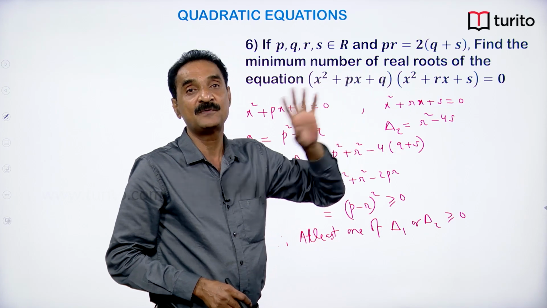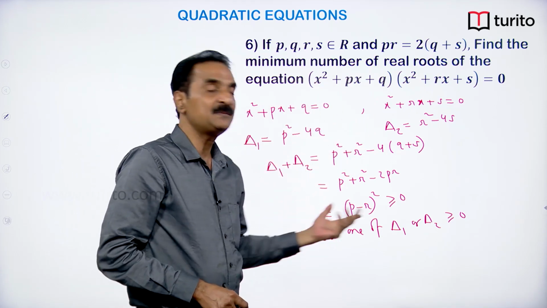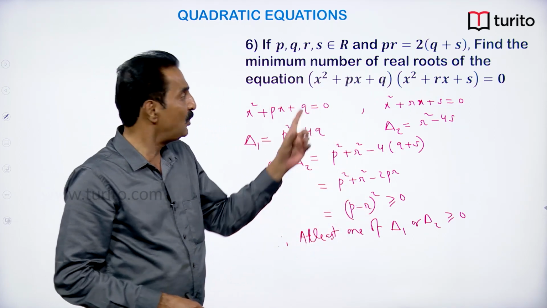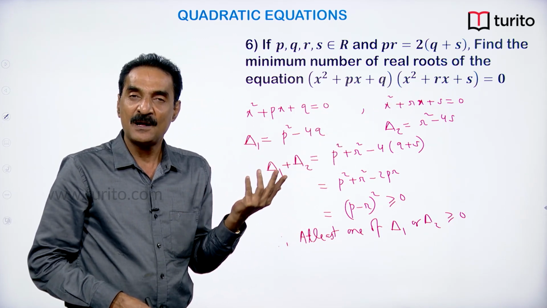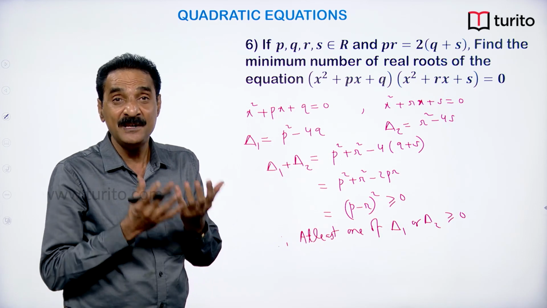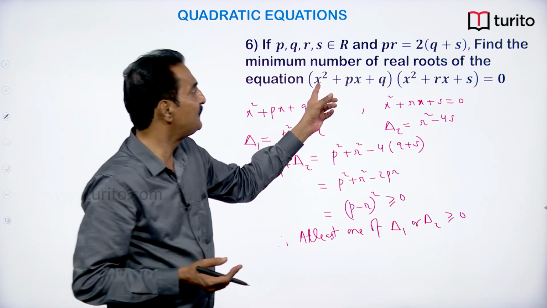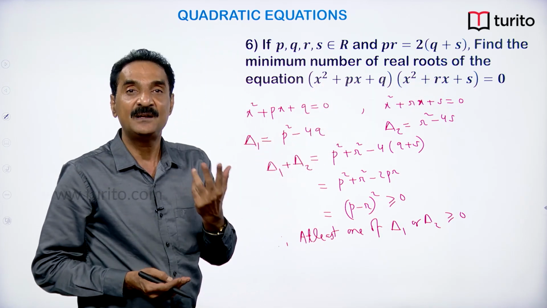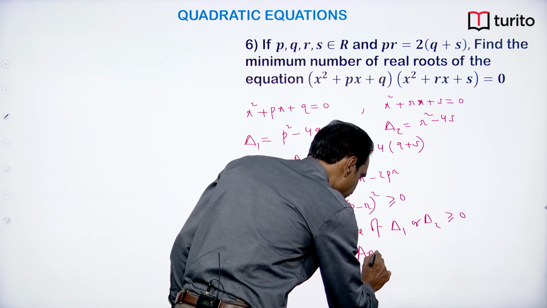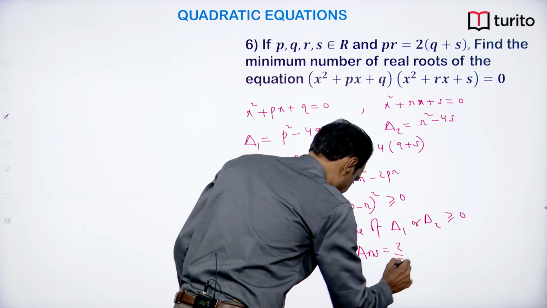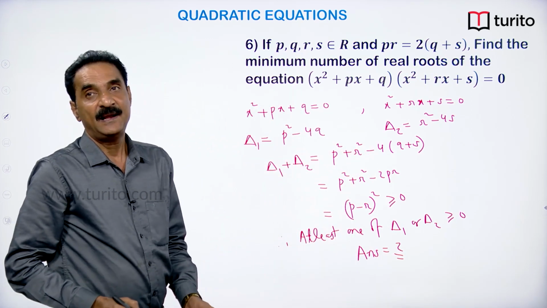Total number of real roots will be 4. If one is positive, one is negative, then only one of the two equations will have real roots. So, number of real roots will be 2. So, what is the minimum number of real roots of this product is equal to 0? It is 2. Answer is 2. Okay. Next question.